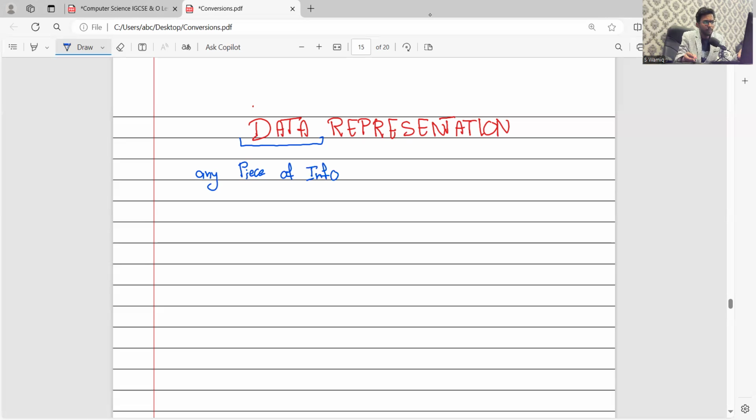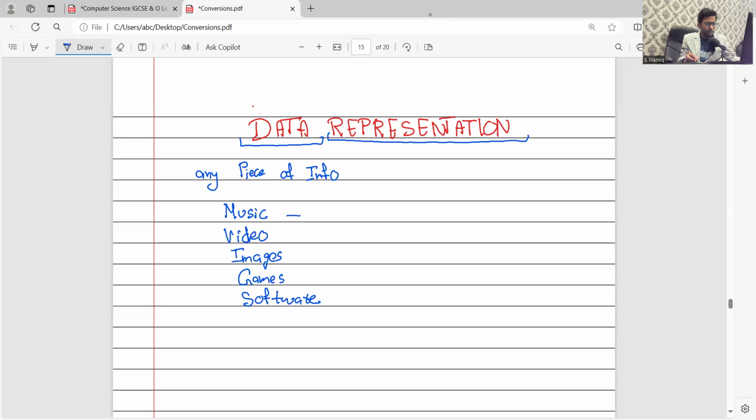For example, if I am referring to the data in my computer, I can say that I have music, video files, images, games, and different software in my computer. So these are some examples of the data that I have in my computer, but how it is represented is what is going to be discussed in today's class.